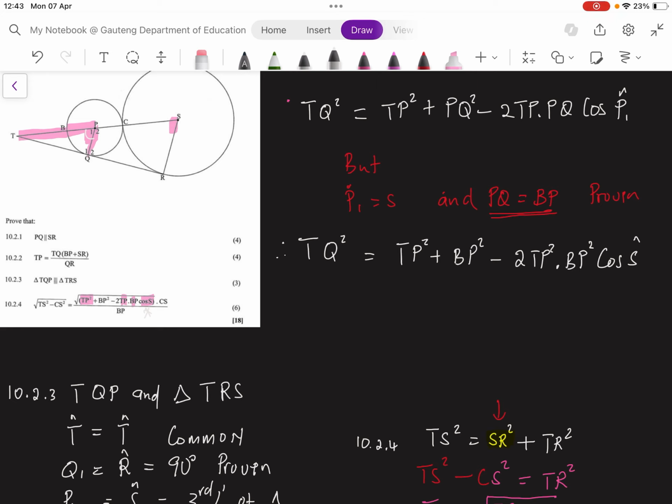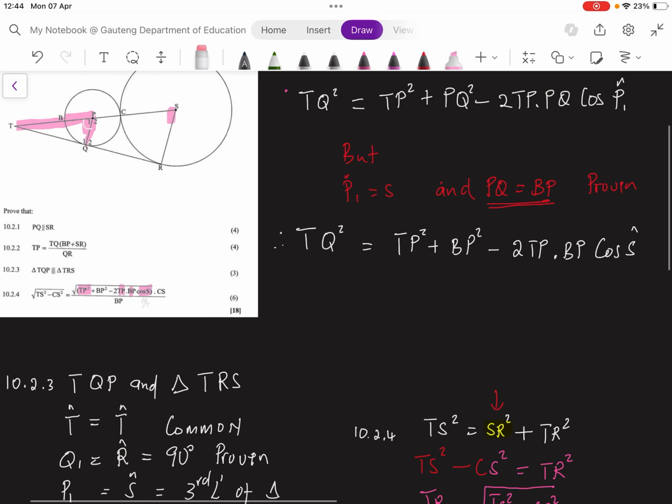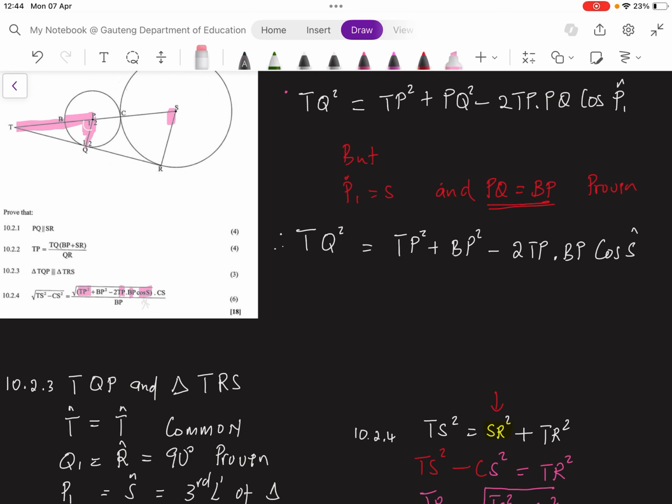Oh, why did I put squared there? There is no squared there. Okay, and then from here, I can make TQ the subject of the formula by square rooting both sides, because I want that square root there.